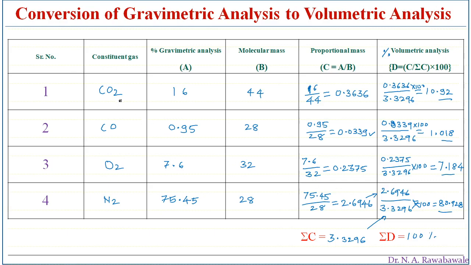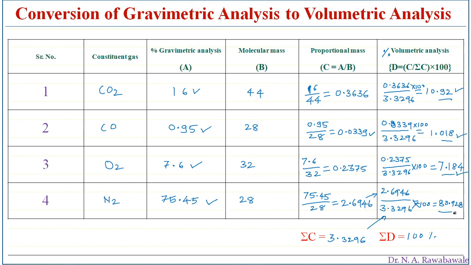So this is how carbon dioxide, which was obtained on the mass basis as 16%, on volume basis is 10.92%. Carbon monoxide was 0.95% on mass basis, gravimetric analysis, and on volume basis it is 1.018%. Oxygen was 7.6% on gravimetric analysis, but on volumetric analysis we obtained it as 7.184%, and nitrogen was 75.45% on gravimetric analysis.